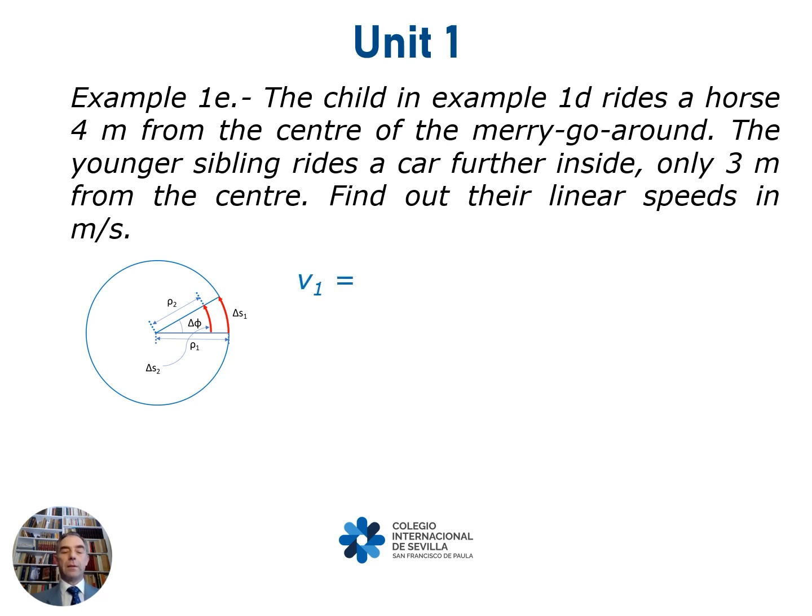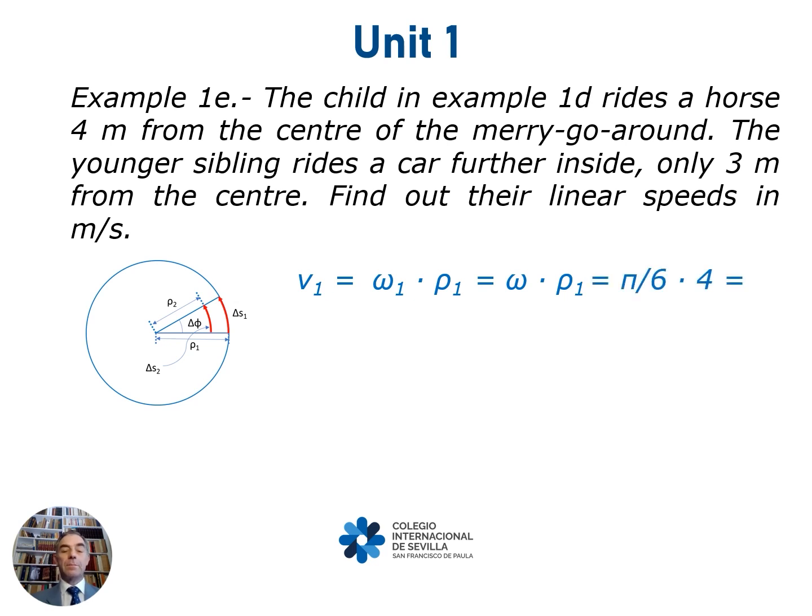So v1, the speed of child 1, will be the angular speed of child 1 times the radius of child 1. But the angular speed is the same because they both rotate at the same time, at the same rate. Therefore, we can call that omega, the common angular speed, times radius 1.